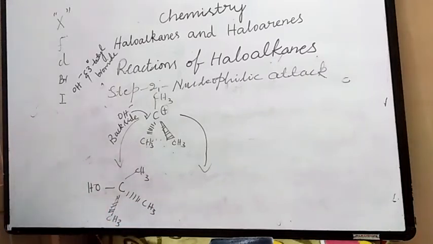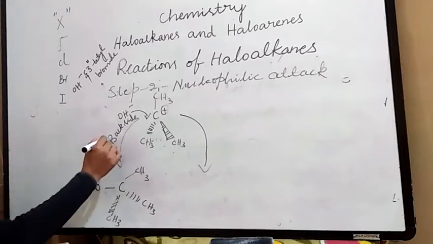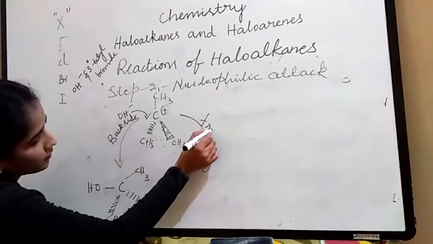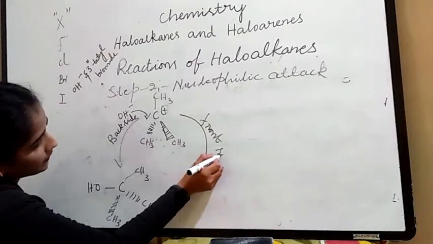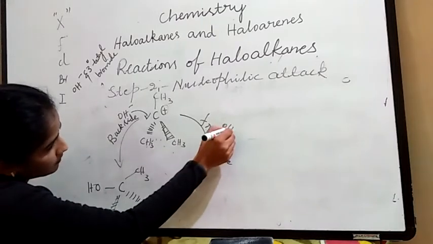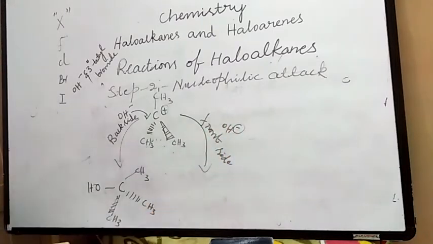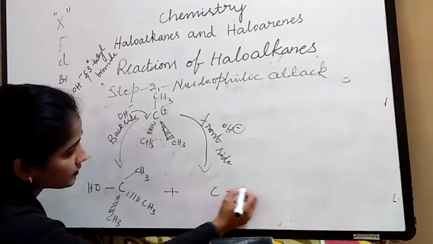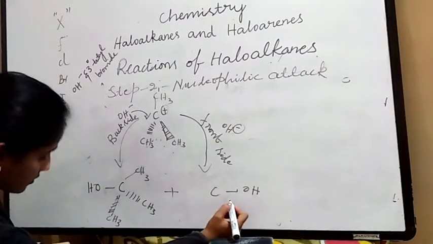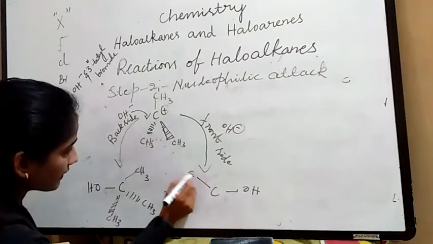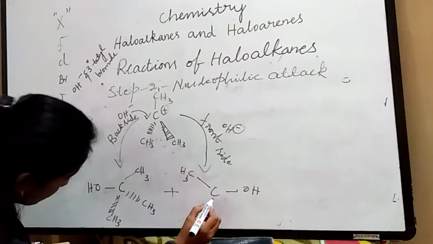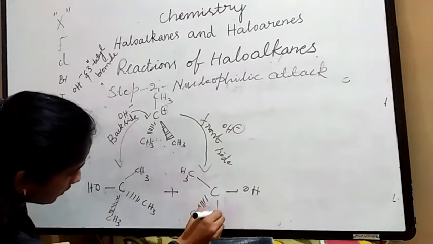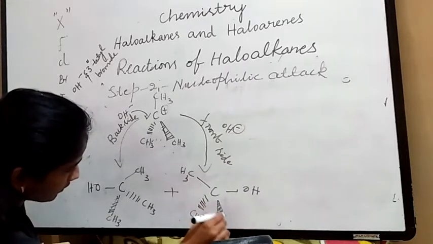We don't know whether the OH minus will attack from the back side or front side. This is a front side attack of OH minus. So if it attacks from the front side, C OH, this will bend like this, CH3 and CH3.